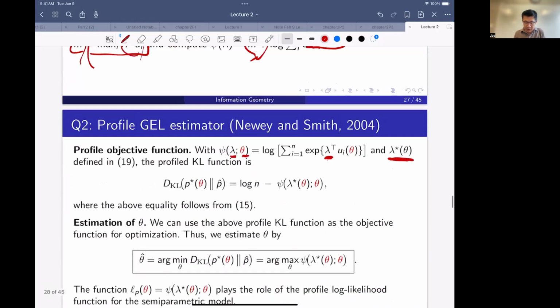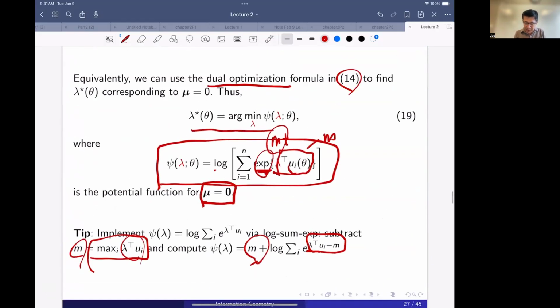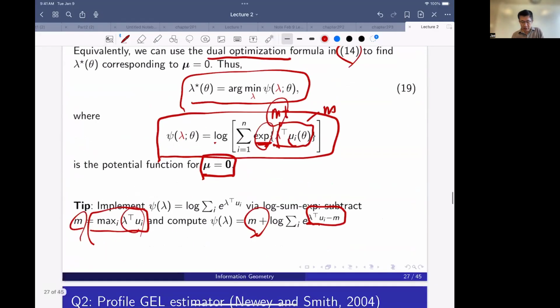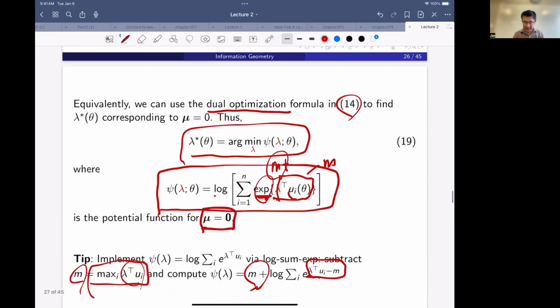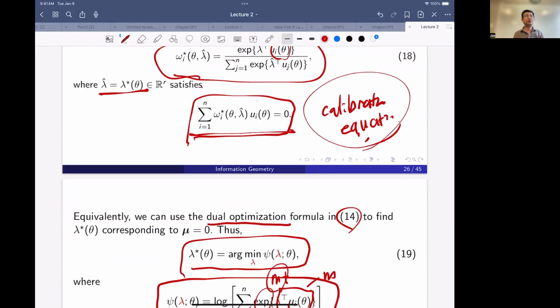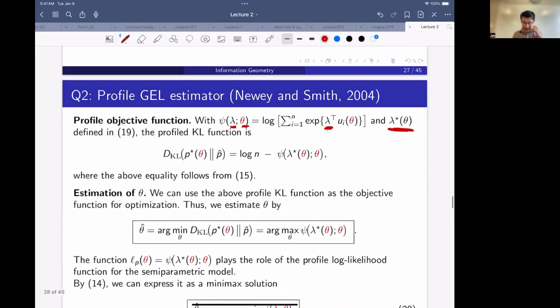Why? Because lambda is supposed to satisfy this calibration equation. So that means this is indeed a function of theta. And so you plug in and put it into your Kullback-Leibler.